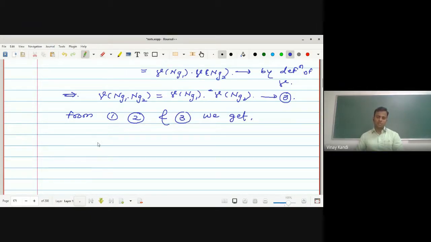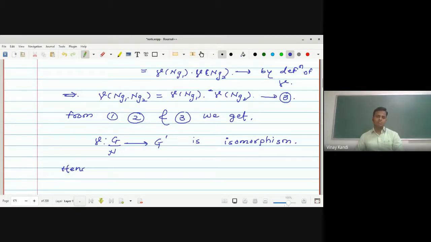We get gamma is a function from g by n to g dash, an isomorphism. Why? Because gamma is one-one, onto as well as a homomorphism.